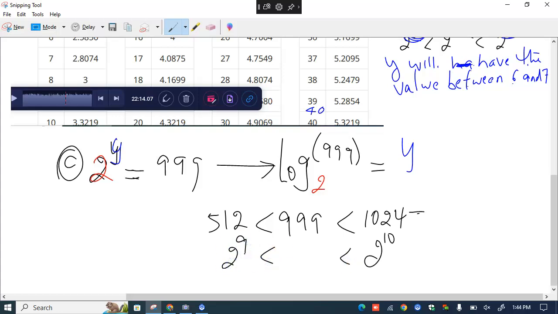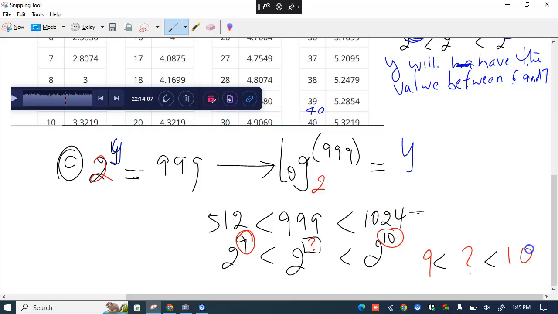So that means in between it has to be 2 raised to something, and that something is the exponent, question mark. So that question mark has to be between the two whole number exponents, 9 and 10.